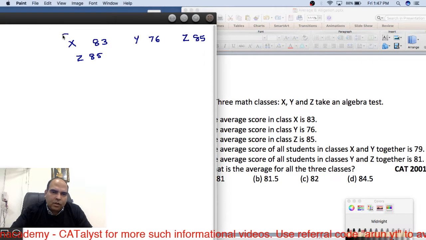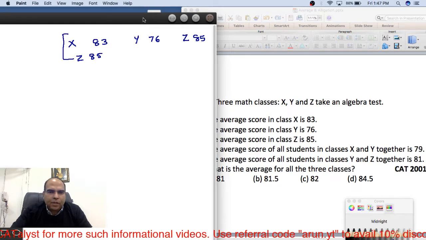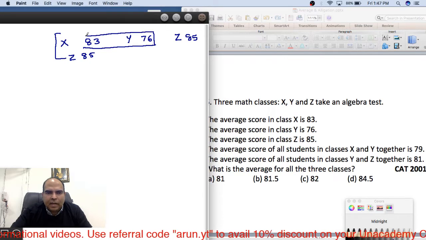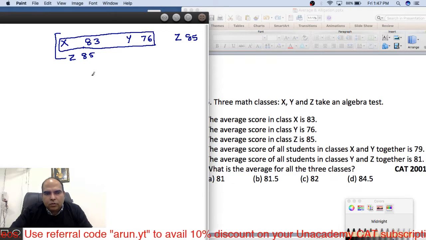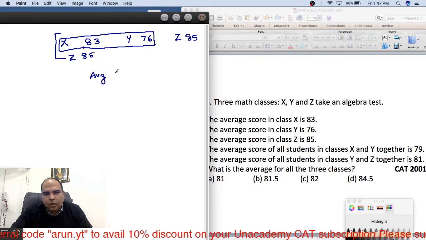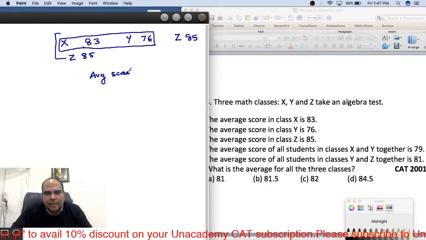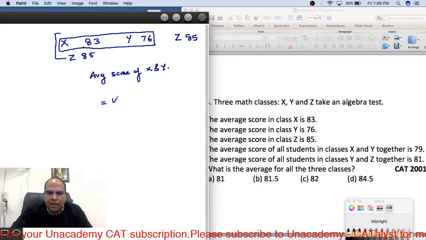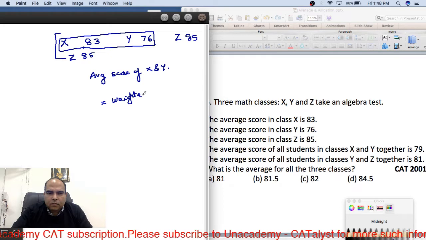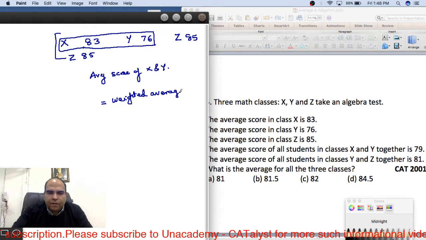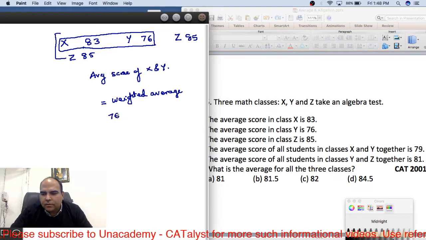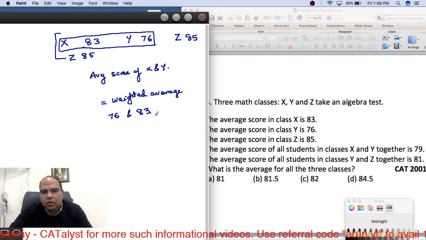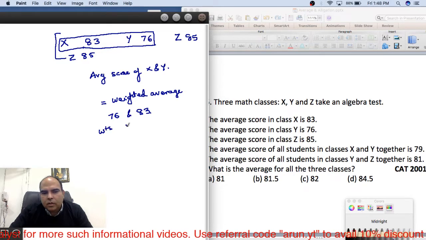So given this information, the mathematical construct of the average score of X and Y is going to be the weighted average of 76 and 83, with the weights being the number of students in each class.